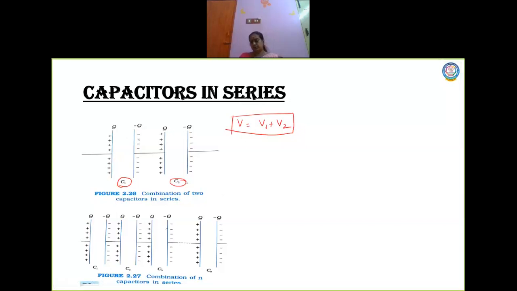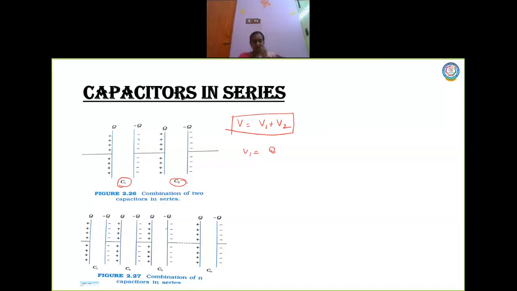Okay, now I am going to find out what is the effective capacitance. The potential is varying, charges remain the same. So what is V1? What is the formula for capacitance? Capacitance C is equal to Q by V, right?